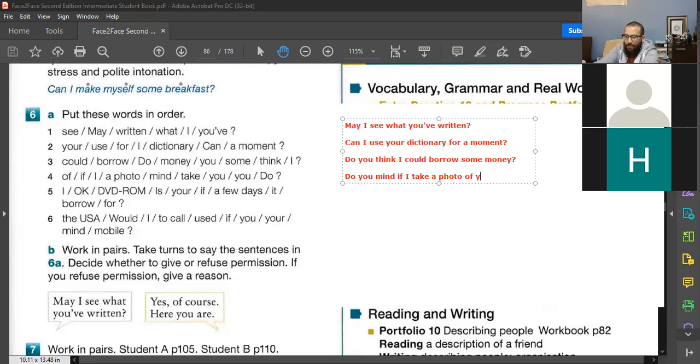That's correct. Do you mind if I take a photo of you? You're right.